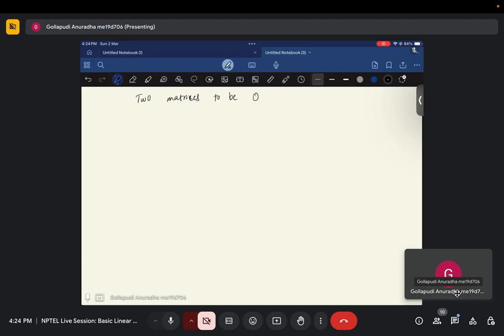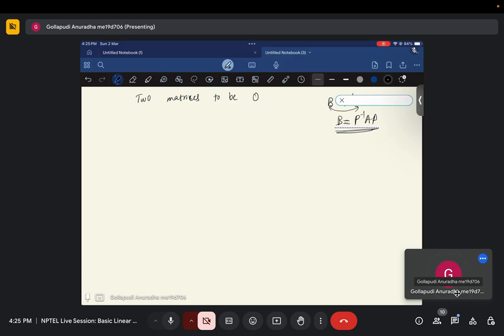Definition of two matrices being similar: there should be some non-singular matrix P such that P inverse A P equals B, if A and B are similar.